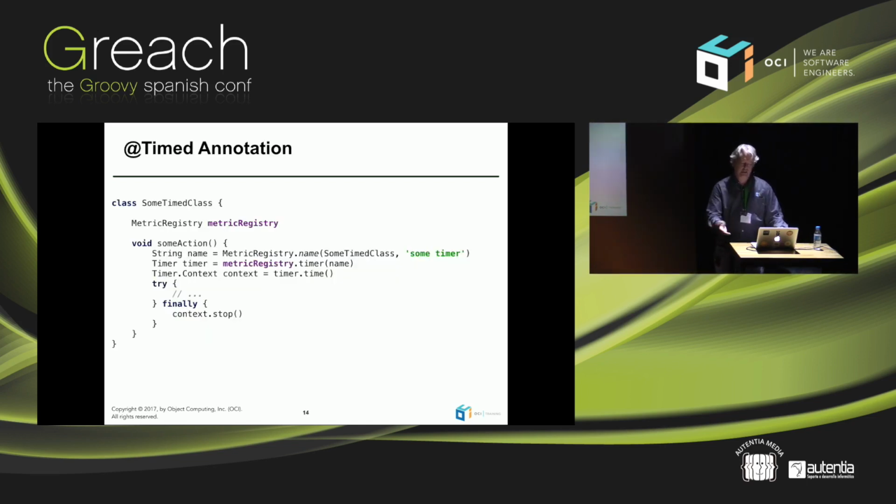So if we didn't have any special support from the plugin to deal with timers, we might have to write code like this, right? At least the first part of it looks just like some of the metering code we saw. I can create a name for the timer, ask the metric registry to give me a timer with that name, and then invoke the time method on it.